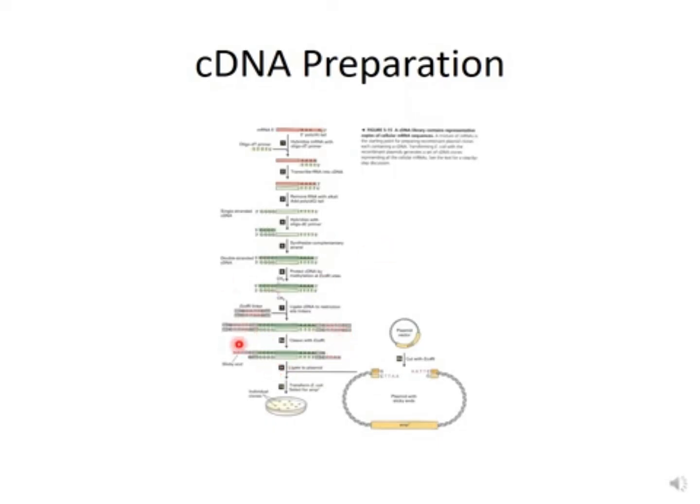Afterwards, we add a restriction enzyme that would cut these linkers and cut a plasmid vector with the same restriction enzyme, creating complementary sticky ends, which would allow the formation of a recombinant plasmid that contains the original sequence that we obtained from the mRNA. And then we transform E. coli with this recombinant plasmid vector and go through the same process that we discussed a couple of slides ago.